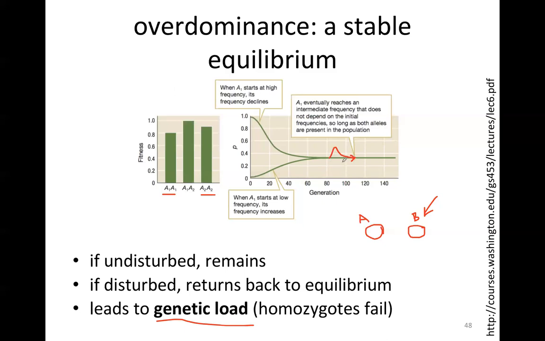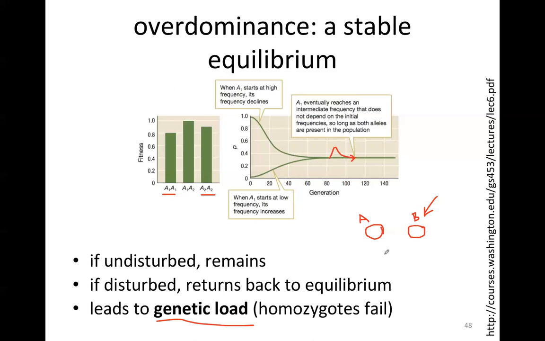This makes the population under balancing selection less successful in the long term. So perhaps for that reason, although we do find examples of overdominance in many different organisms, it doesn't seem to be the most common way of adaptation.